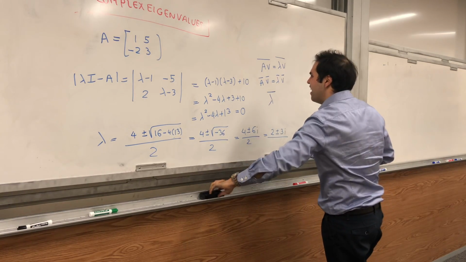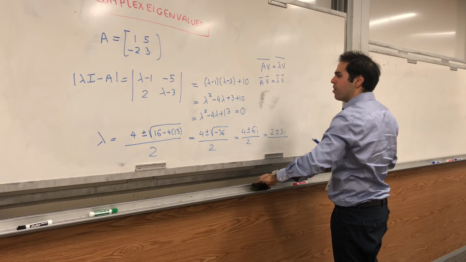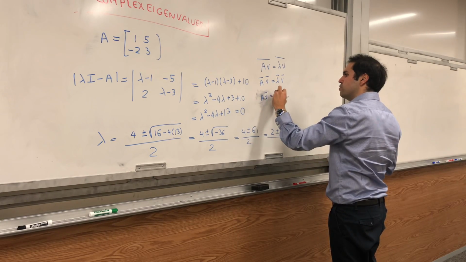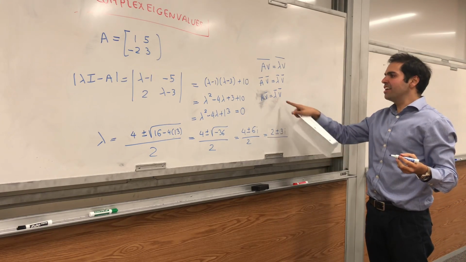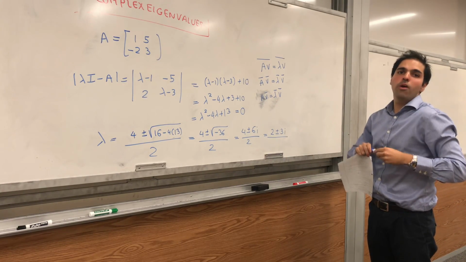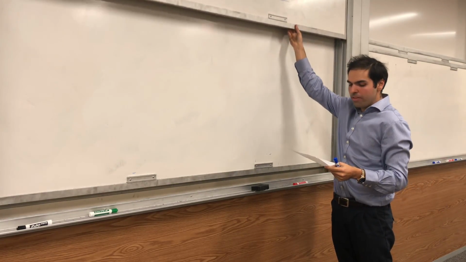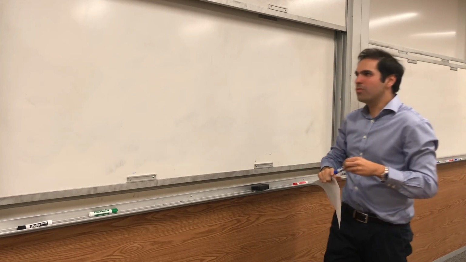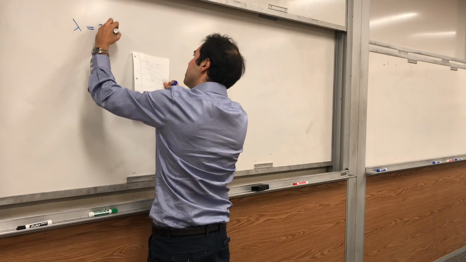And A is a real matrix, so A bar is A. So you get A V bar equals lambda bar V bar. So lambda bar is an eigenvalue, and we'll see in a second that V bar will be an eigenvector. It's normal that they come in pairs, but the nice thing is in practice you just need to worry about one of them. So let's do lambda equals 2 plus 3i.